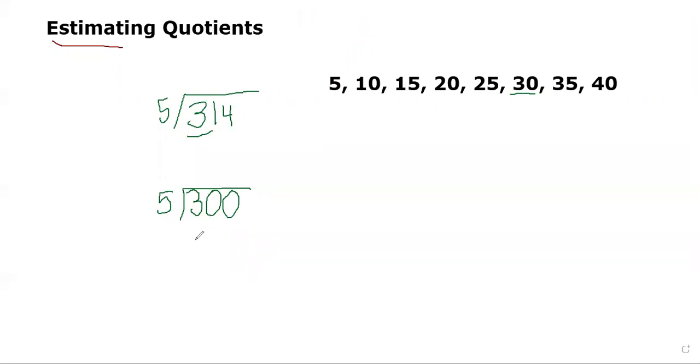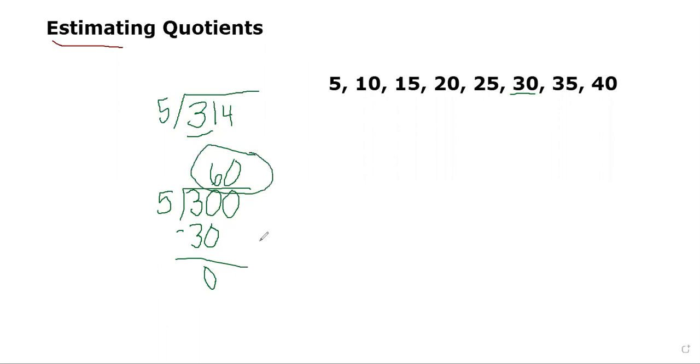How many times does 5 go into the number 30? 6 times. Remember, it's an even, equal number. 5 times 6 equals 30. So that means I'm going to subtract 30. 0. And any number after that is a 0. So it equals about 60.